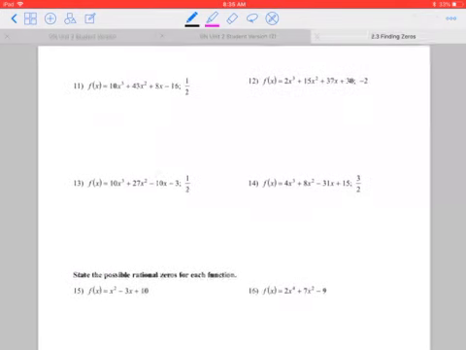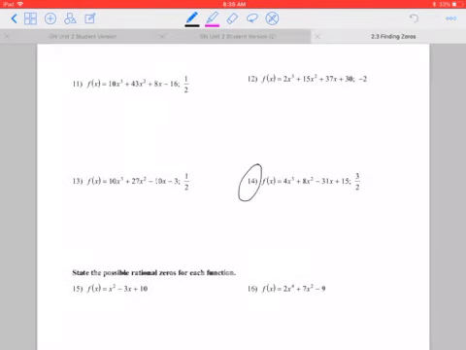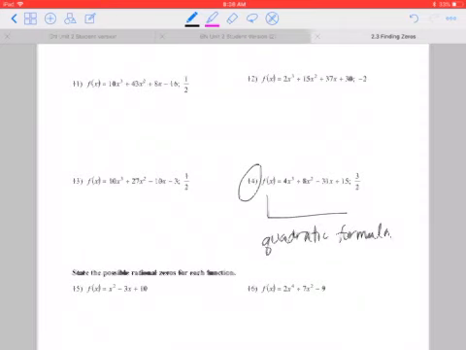Okay, looking at the next one, only one I want you to look out for is number 14. You're going to do synthetic division, and then you have to use quadratic formula, because belly button won't work, synthetic division won't work. And this is because you don't have a whole number or a fraction. You've got something with a radical, so it's too hard to find for the rational zeros theorem.